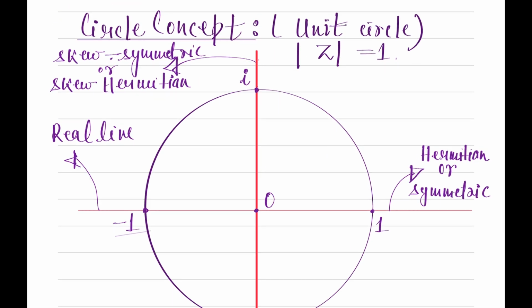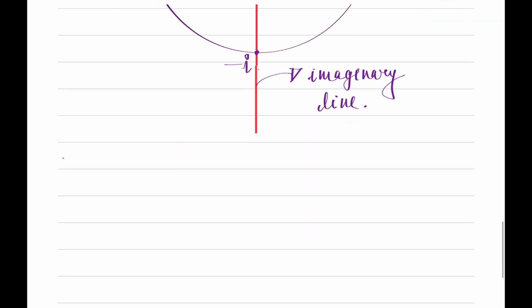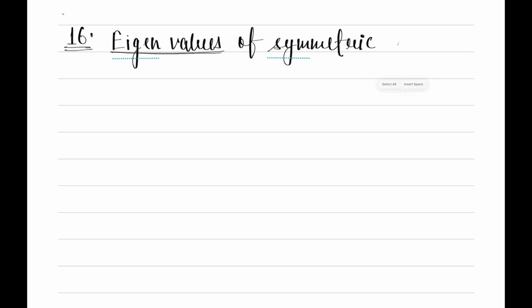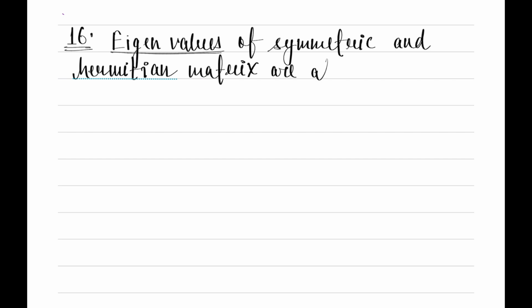Now we will see properties related to this circle concept. It will be property number 16: eigenvalues of symmetric and Hermitian matrix are always real.